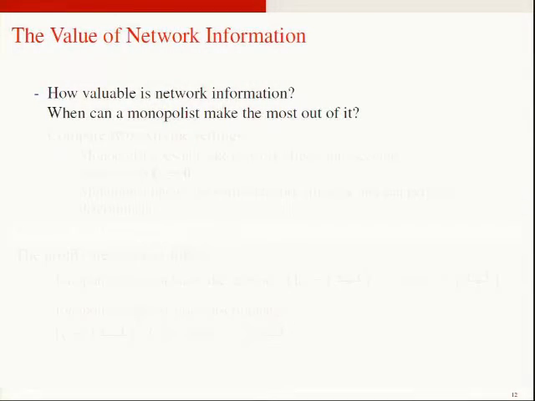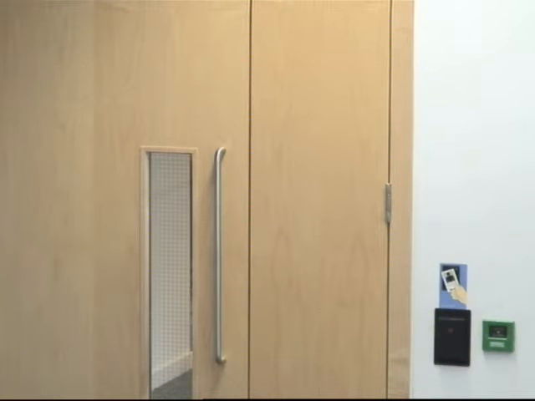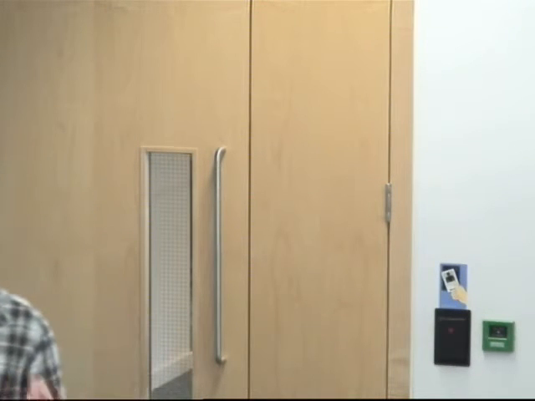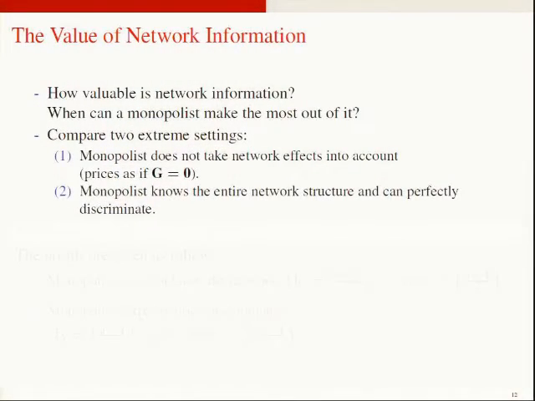All right. So far I've been dealing with the problem of finding the optimal prices, and a complementary question would be, when does the monopolist make most of her information on the network structure? When does the monopolist have to invest in finding out what the underlying network looks like? Okay? And to answer this question, we compare two extreme settings.